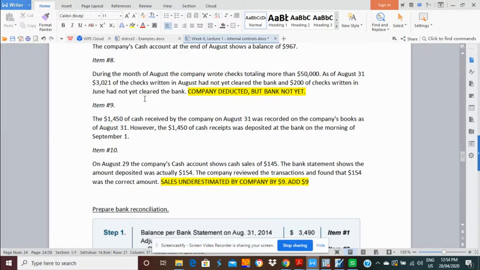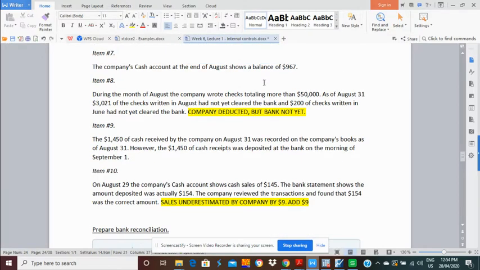Then, regarding outstanding checks, the company wrote checks, 50,000 overall in total. On 31st of August, $3,021 worth of checks have not been cleared by the bank. So the company has recorded them, but the bank has not recorded them yet. Actually, 3,020 plus another 200.